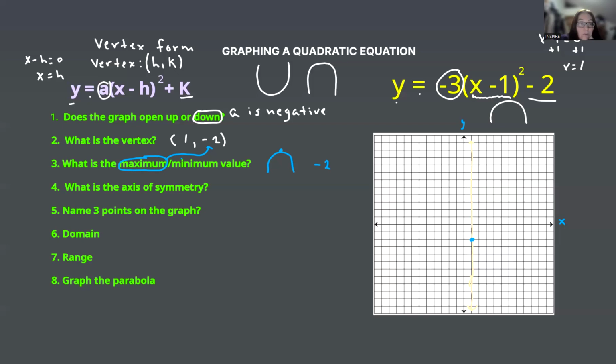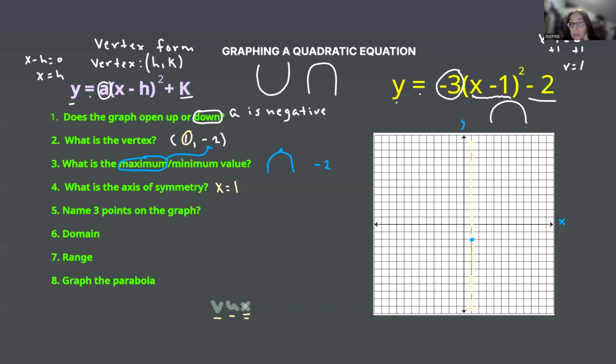And if you don't know what VUX means, VUX tells you you have a vertical line with a slope undefined, and it's the form x equals. So we have a vertical line, so it has to be x equals, and it's the x of the vertex. The x of the vertex is 1. So make sure when you write your axis of symmetry, you understand that it's a vertical line, and the equation for a vertical line is x equals.